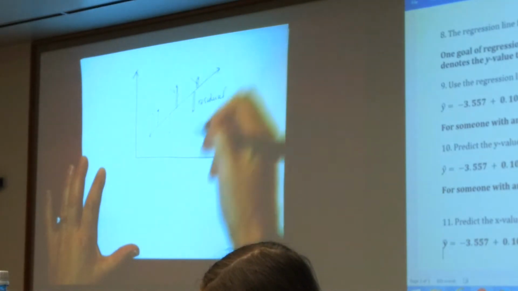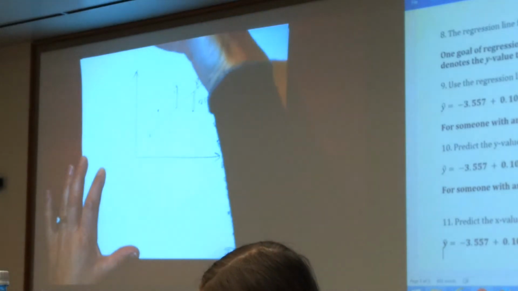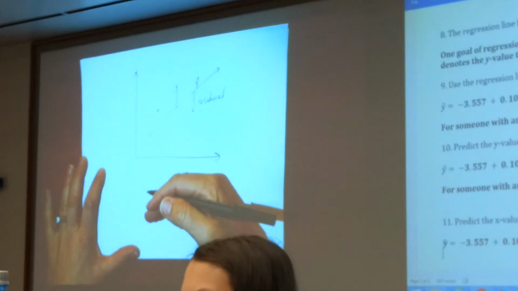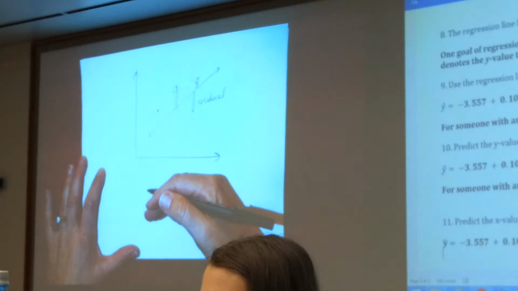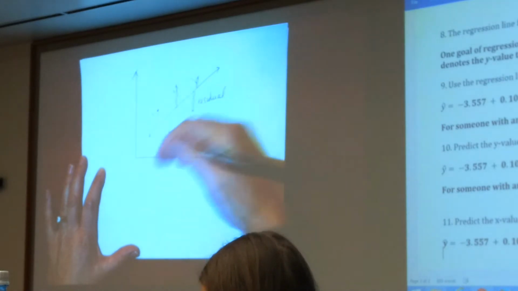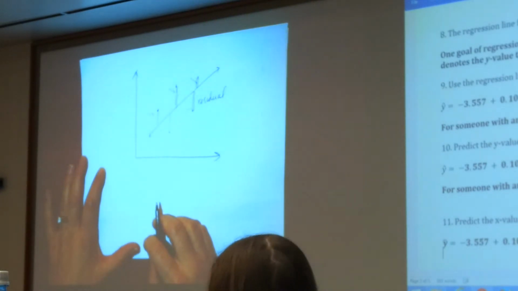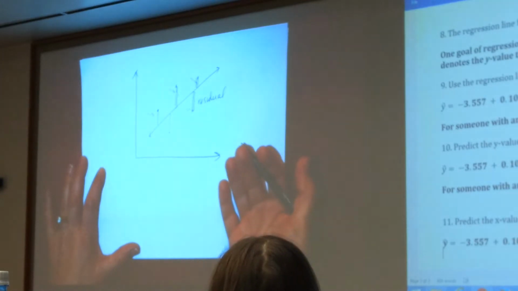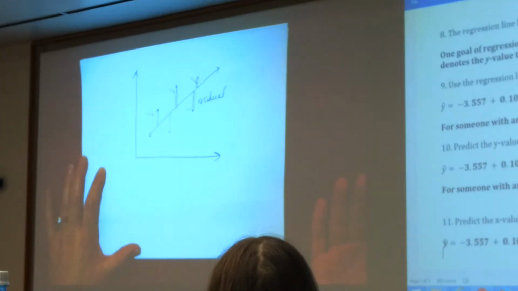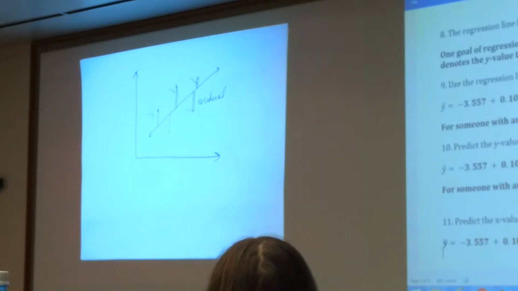But there are other things that factor in to make people different. So some people are above the line, some people are below the line. And the residual tells you above or below and by how much. So one thing of interest is to know how big these residuals are. It gives somewhat a measure of how widely scattered the points are around your line. So we're going to learn how to calculate a residual.